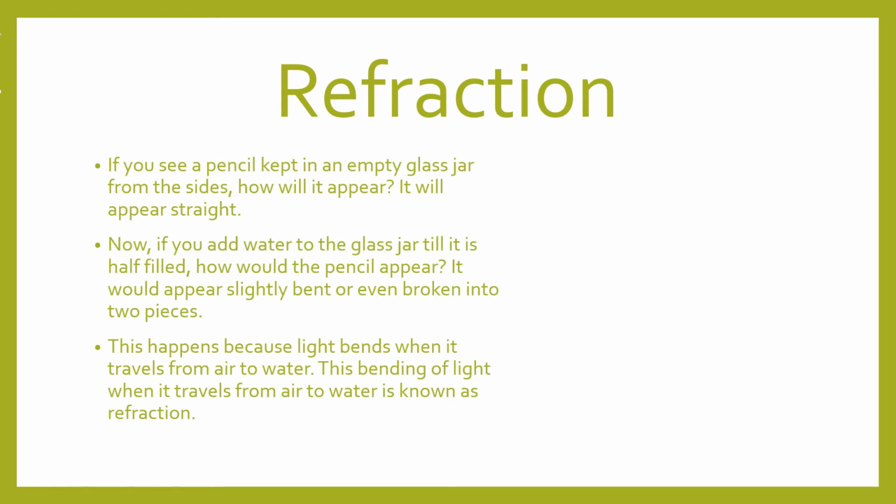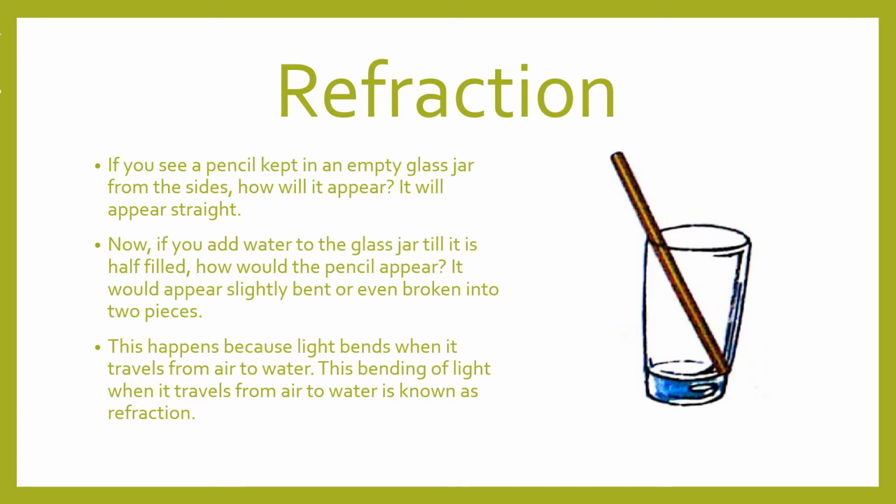The fourth property is refraction. Now children, if you see a pencil kept in an empty glass from the sides, how will it appear? See, you can see it is straight. It appears straight.